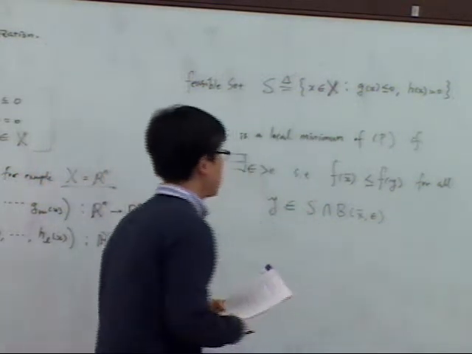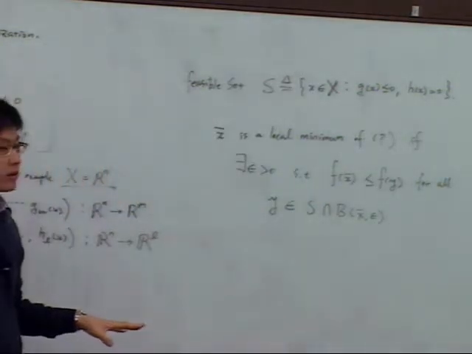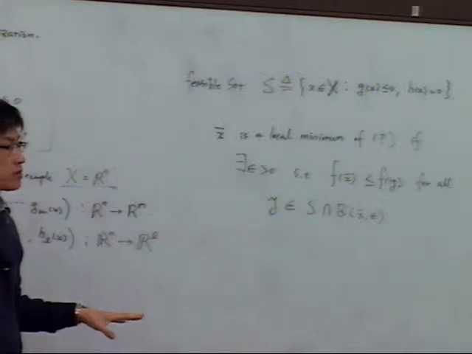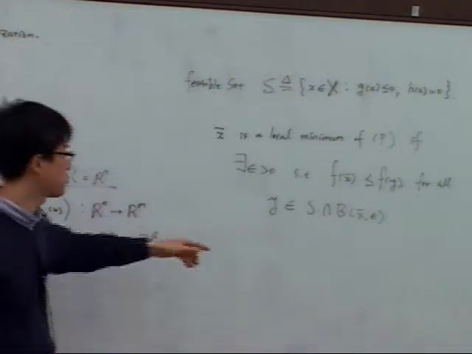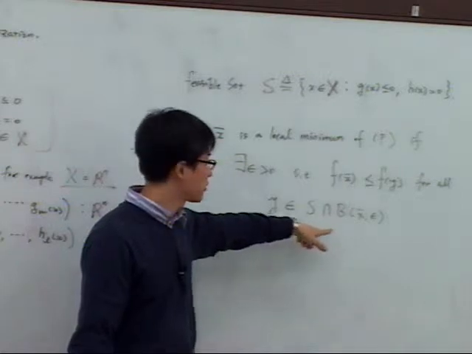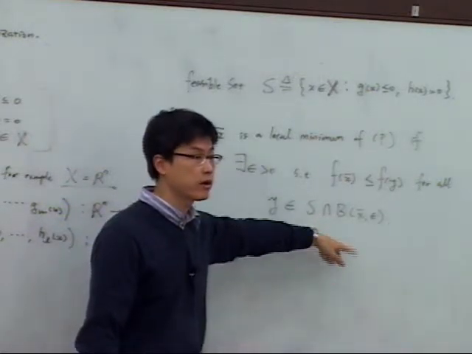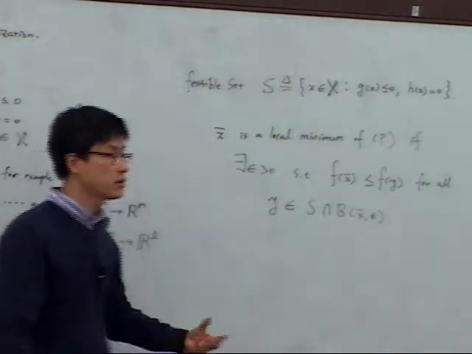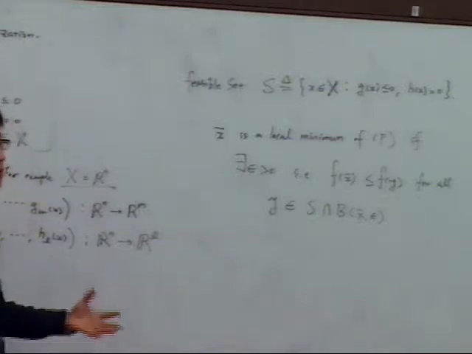Okay. All the definitions we covered for the constrained optimization can be analogously extended like this. If you put the intersection of feasible set and the ball, then you can extend the definition for global minimum, local maxima, global maximum, and the like.